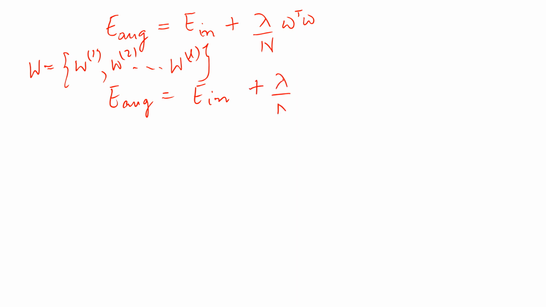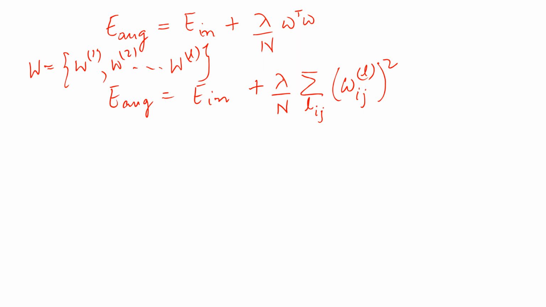My lambda over n stays the same, the regularization parameter. Let's say we sum up, for every layer, over all weights, represented by w^(L)_ij, where i is the node the weight starts from, j is the node where it ends, and L is the layer it is going into. Instead of W transpose W, I can write (w^(L)_ij) squared.